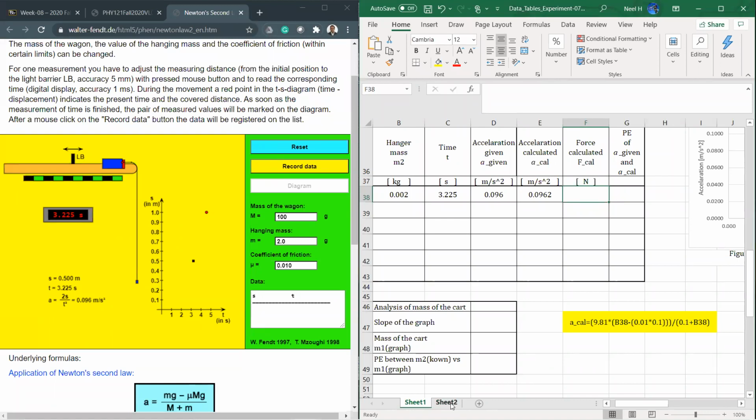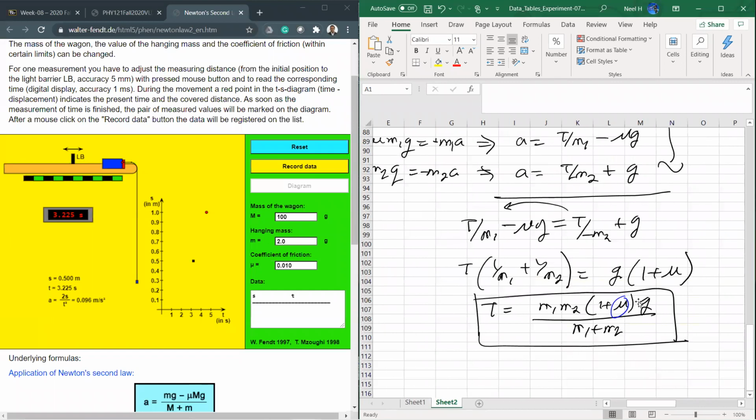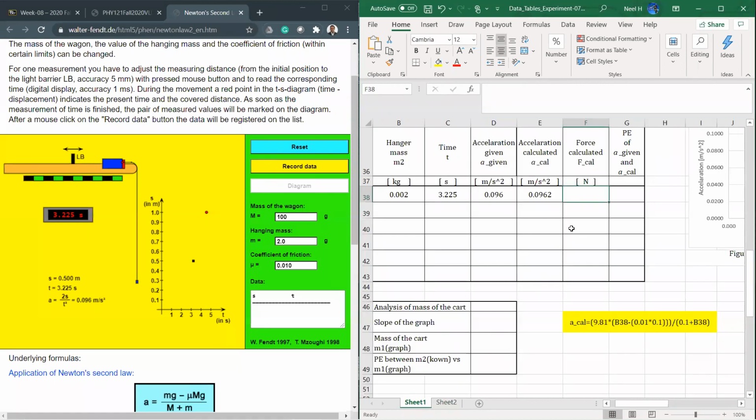Let's calculate the force, the equation for the force. If you remember earlier, m1 m2 times parentheses 1 plus mu times g, over m1 plus m2, right? So let's do that equation.